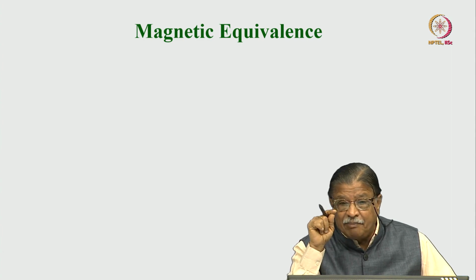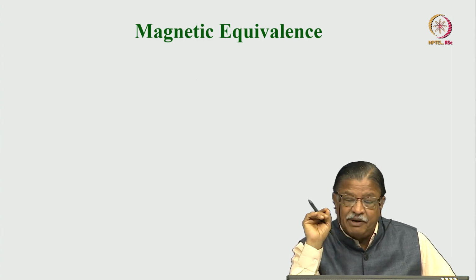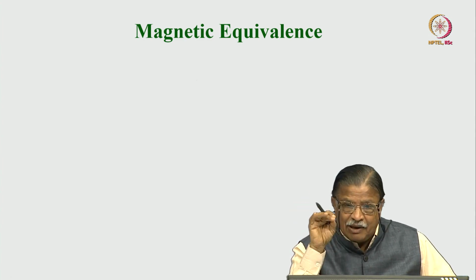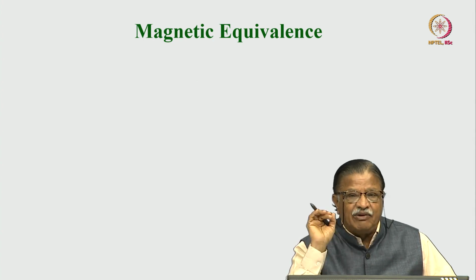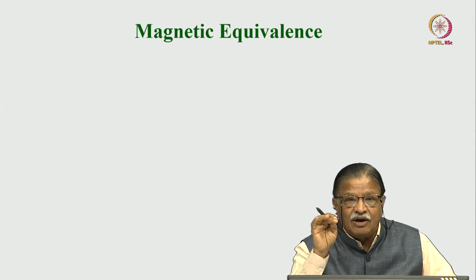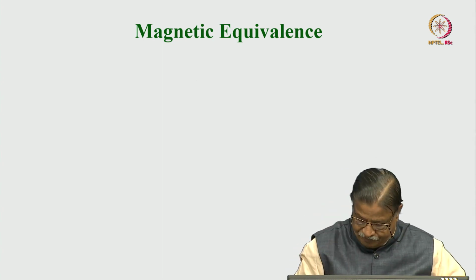But I did not say about the coupling, there could be coupling between them. There may not be coupling, there may be coupling also, both are possible. And when they come into coupling, in addition to chemical equivalence, we introduce another term called magnetic equivalence. That is what I am going to introduce now.